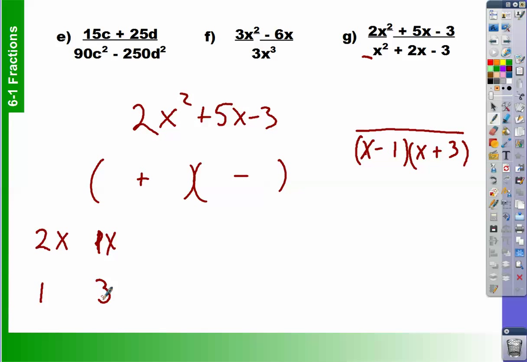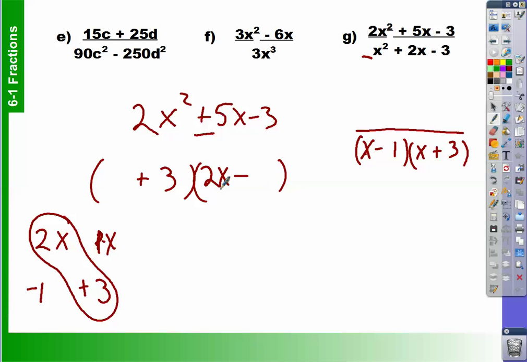Okay. So this is a positive, right? That means the 2 times the 3, the 3 has to be positive. So these need to be in opposite parentheses. So we know the 2x plus 3, so the plus 3 has to go here, and the 2x has to be in the opposite parentheses.